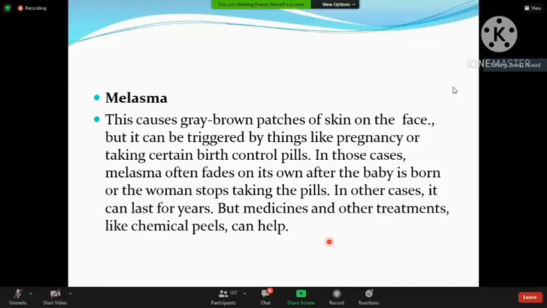Sometimes you are going to notice during the clinical examination the melasma, which is usually represented as gray-brown patches of the skin of the face. It mostly occurs after pregnancy or sometimes after taking certain birth control.